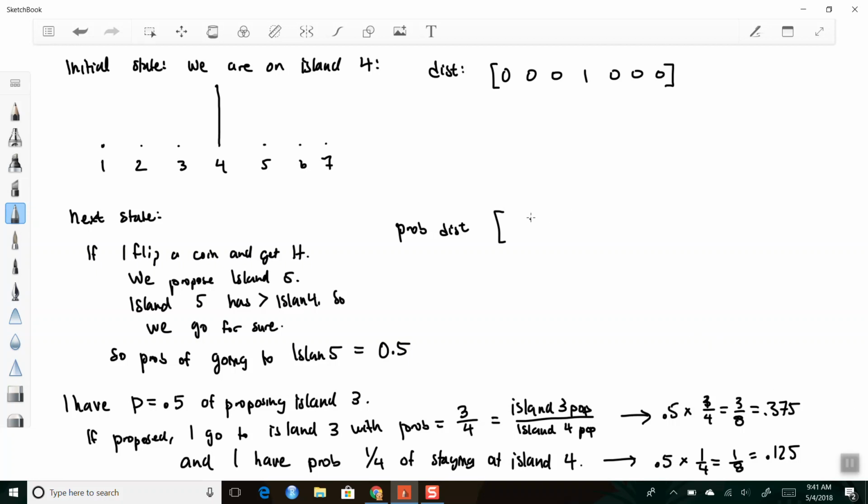Okay, so the probability distribution on the next state will be 0, 0, 0.375, 0.125, 0.5, 0, 0. Is that okay? So this is 1, 2, 3, 4, 5, 6, 7.